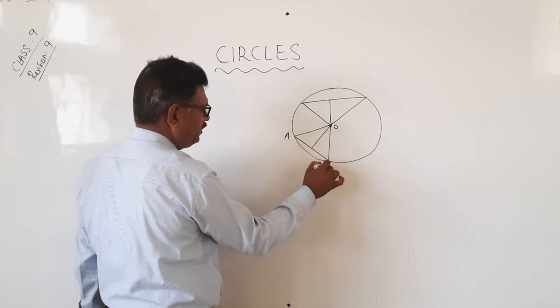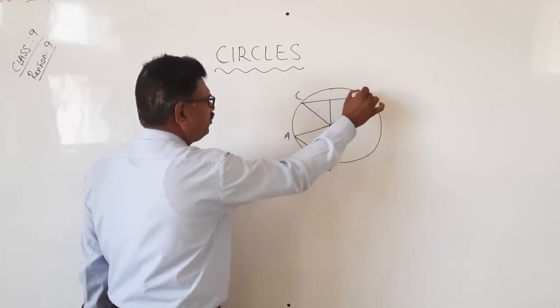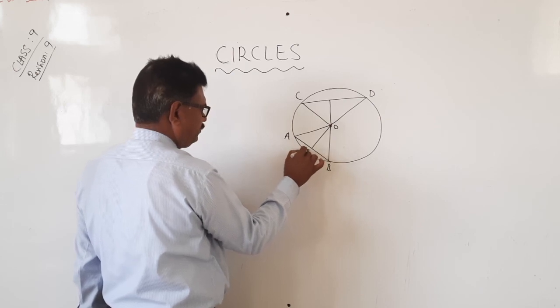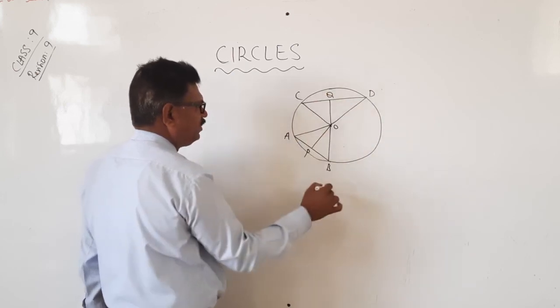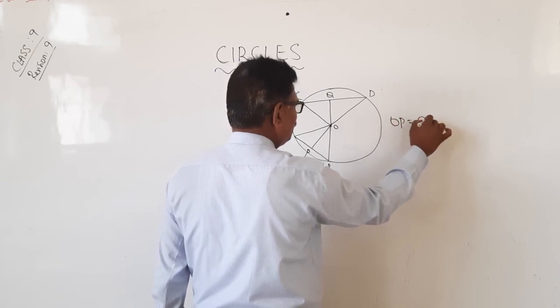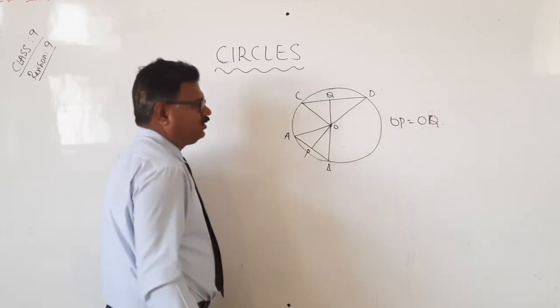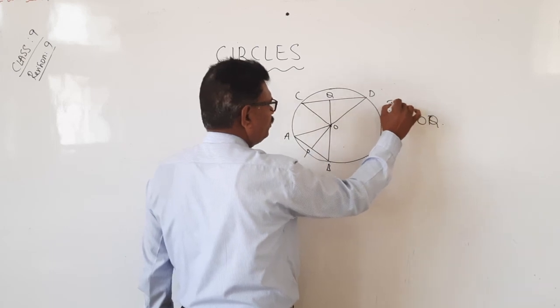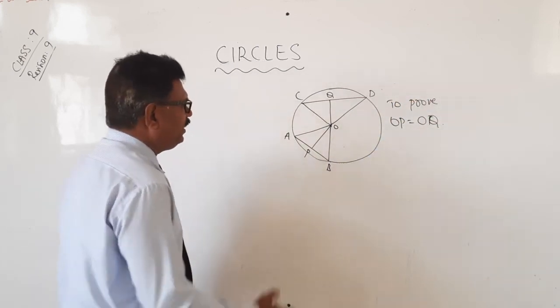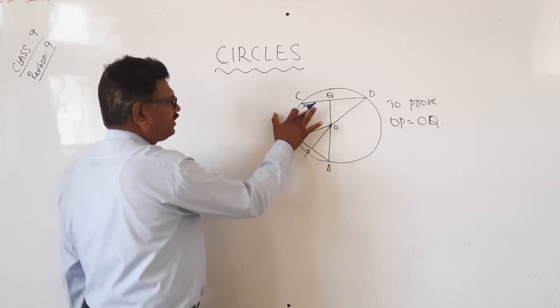We have to prove that they are equidistant from the center. No problem, we will prove it, very simple. With P and Q the feet, we should prove that OP equals OQ. That's all we have to prove.